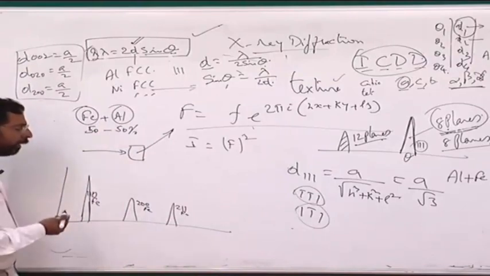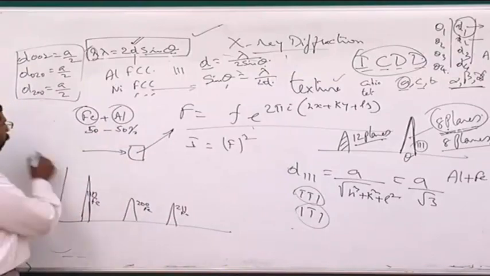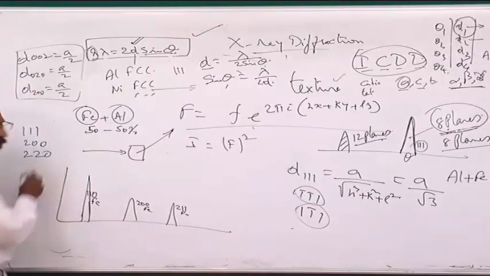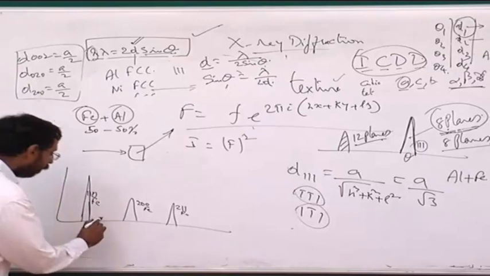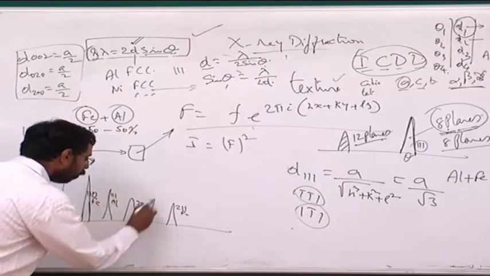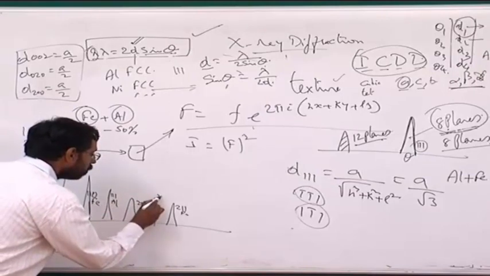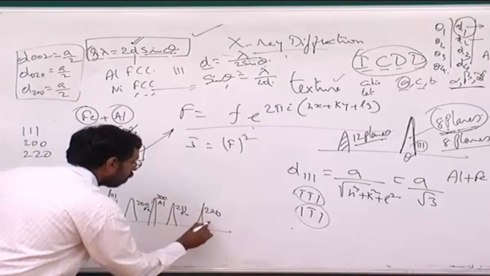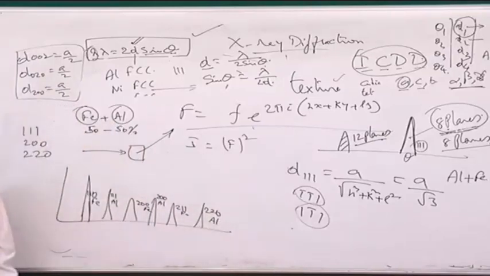So what are the aluminum peaks? 111, 200 and 220 and so on. So I will have the 111 peak of aluminum, 200 peak of aluminum, and 220 peak of aluminum. Where are they exactly positioned?